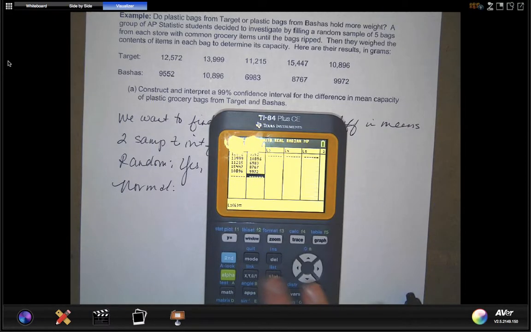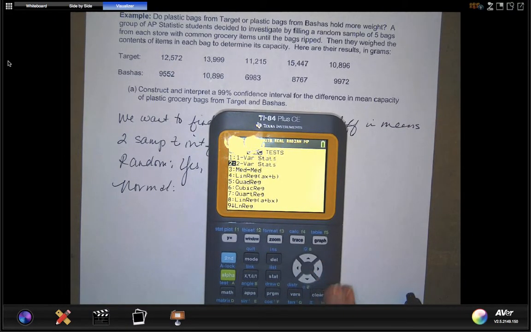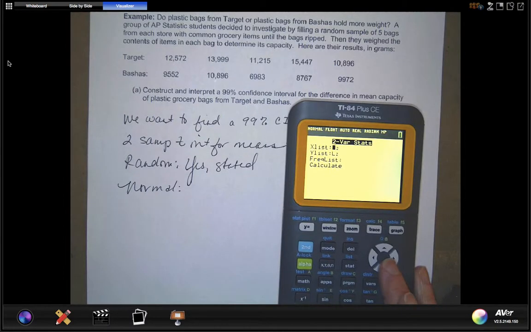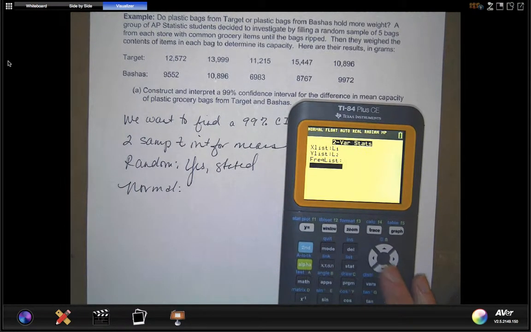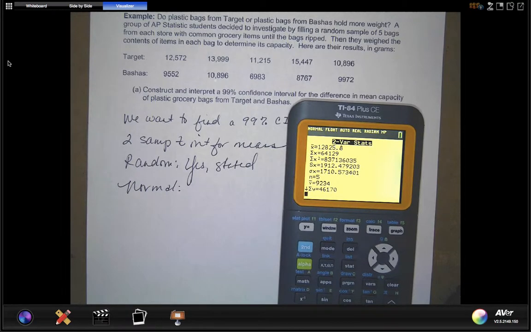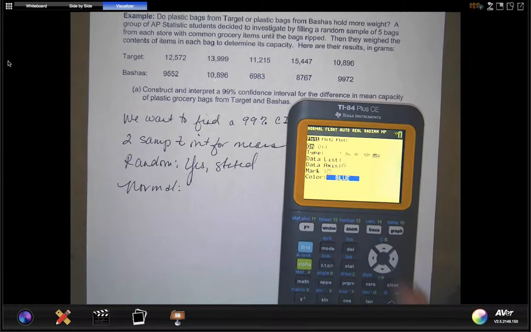Okay, and I want to check something here to make sure I typed this all in correctly. I was just looking at my means. They're good.